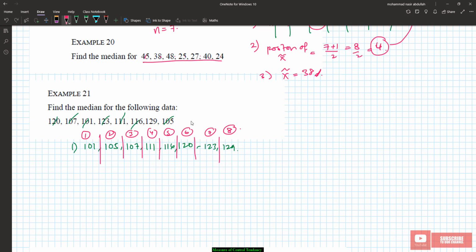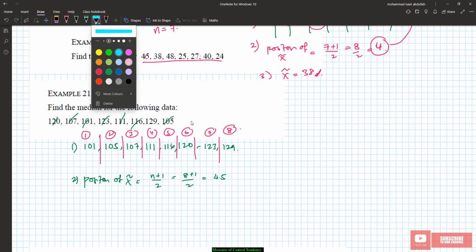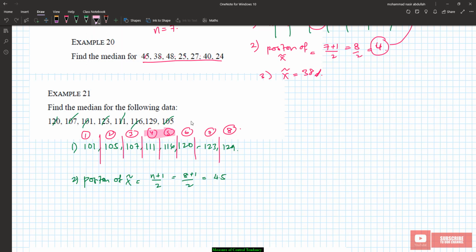So the second step is to find the position of the median. The position of the median is n plus 1 divided by 2. So 8 plus 1 divided by 2 equals 4.5. With 4.5, the median value is somewhere between position 4 and 5.